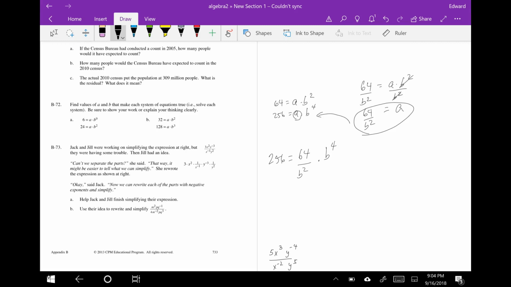Whoa, now I'm left with something kind of interesting. These cancel out. B to the fourth divided by b squared is b squared. And we know that because b to the fourth over b squared equals b to the 4 minus 2 equals b squared, right? So 256 equals 64 times b squared. I divide both sides by 64, and now I'm going to have b squared equals 4. Well, if b squared equals 4, I know b equals 2. Anyways, that hopefully will help you with B72.